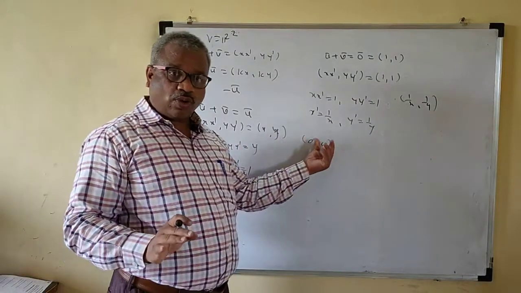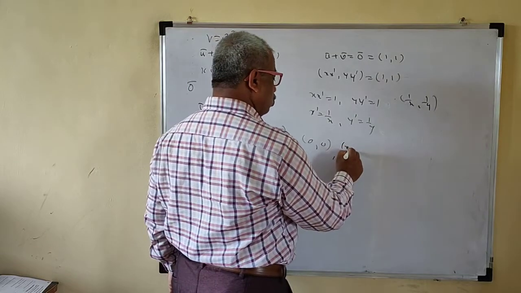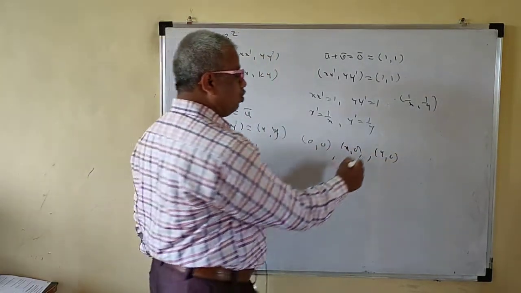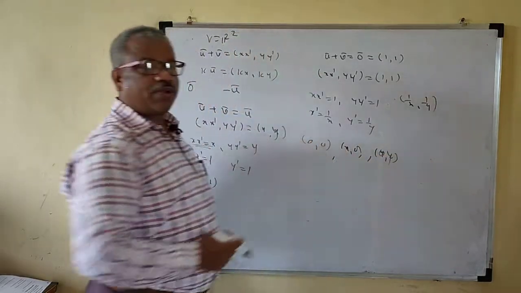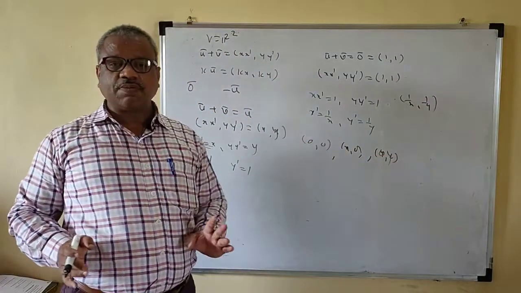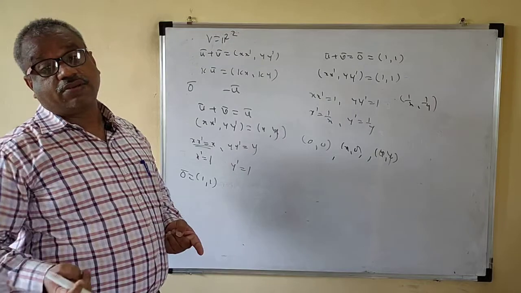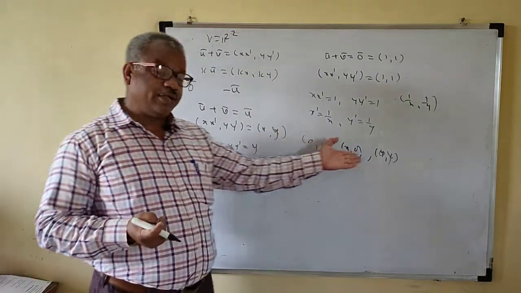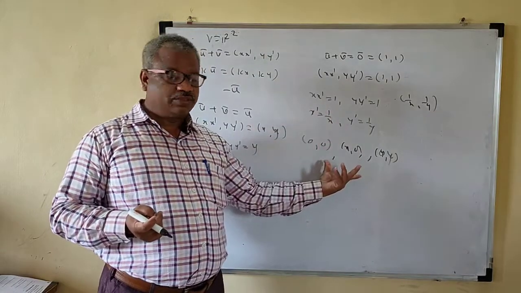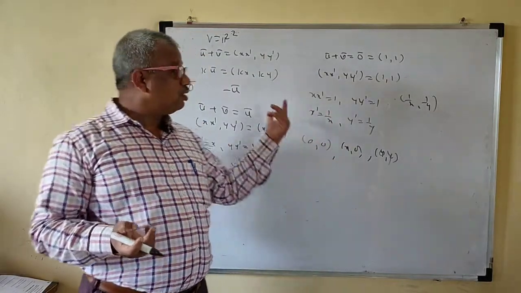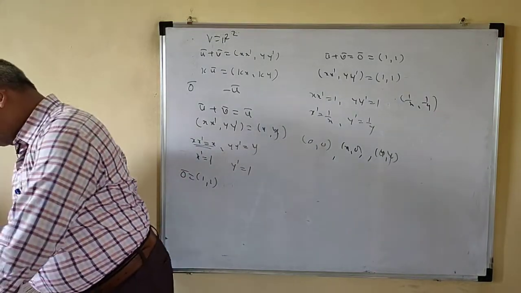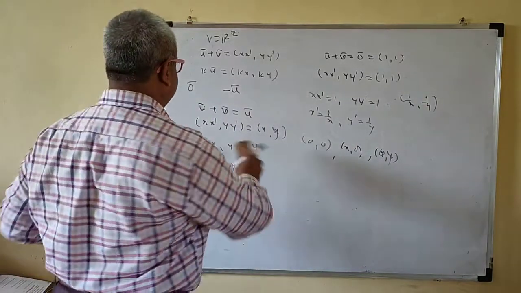If one of the components is 0, such as (0, y), such type of vector does not have a negative element. So there are infinitely many vectors like this. They don't have negative elements. So this is not a vector space. Okay, so remember that.